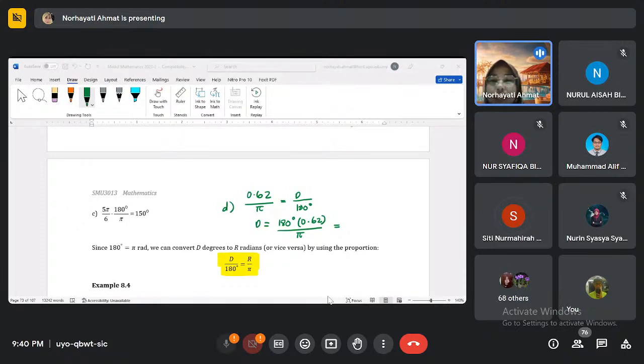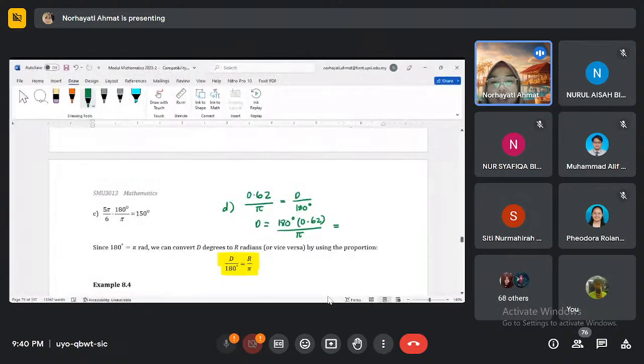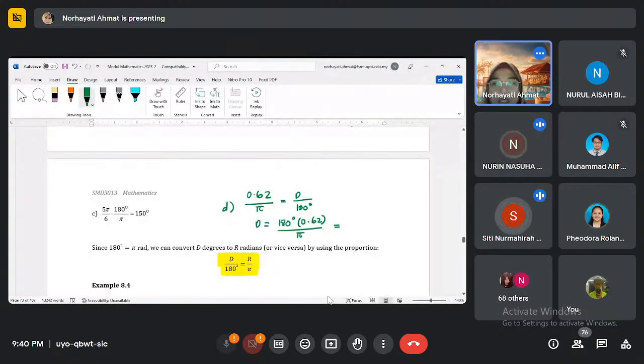Siapa tadi yang bagi jawapan? Saya. Okay, Siti Nurmahira. Yang lain dapat jawapan sama dengan Siti? 35? Kalau ada perpuluhan, doktor macam mana? Try 180 darab 0.62 bahagi shift pi. 35.52.